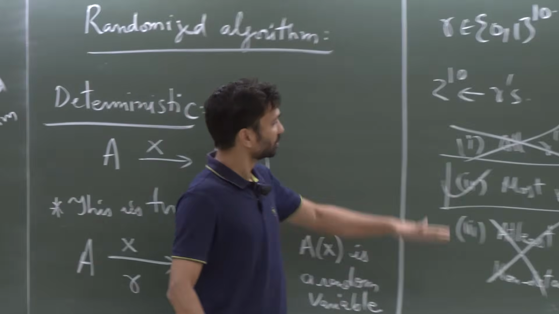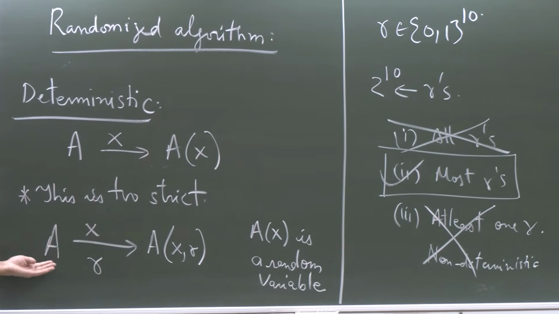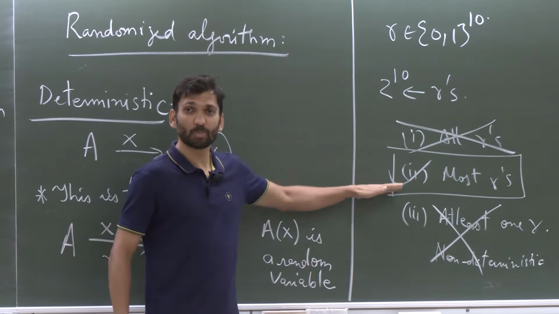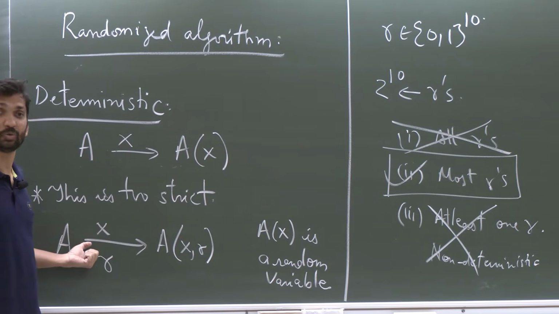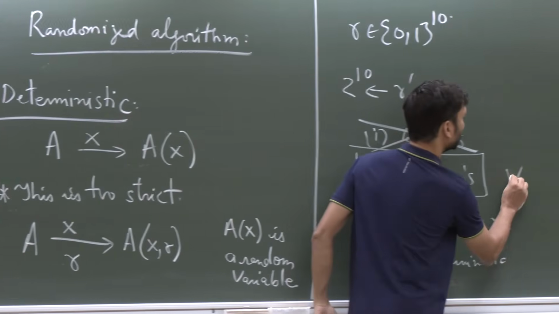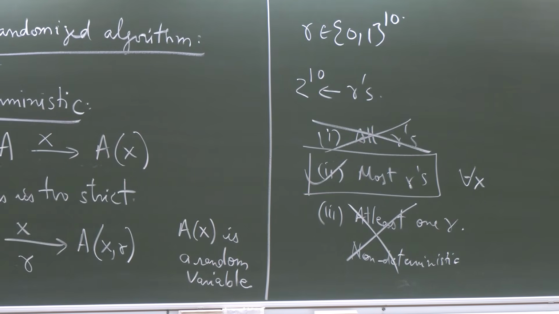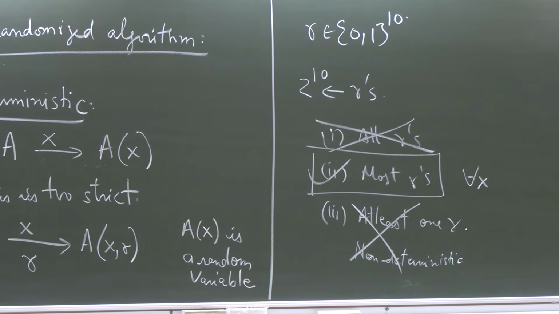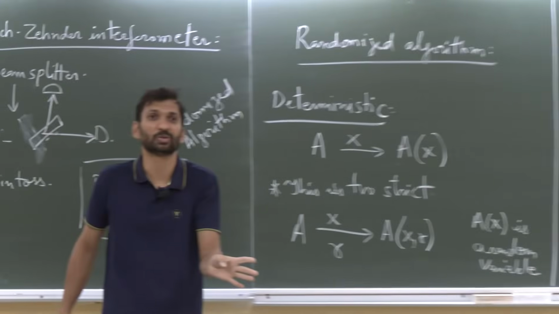So a randomized algorithm is one where I say that my algorithm works for most R's, where R is the random string. Notice, I am not taking the probability over X. This is true for all inputs. You can take your favorite input, my algorithm will work for most of the R's. It is not that my algorithm is working for most of the inputs.